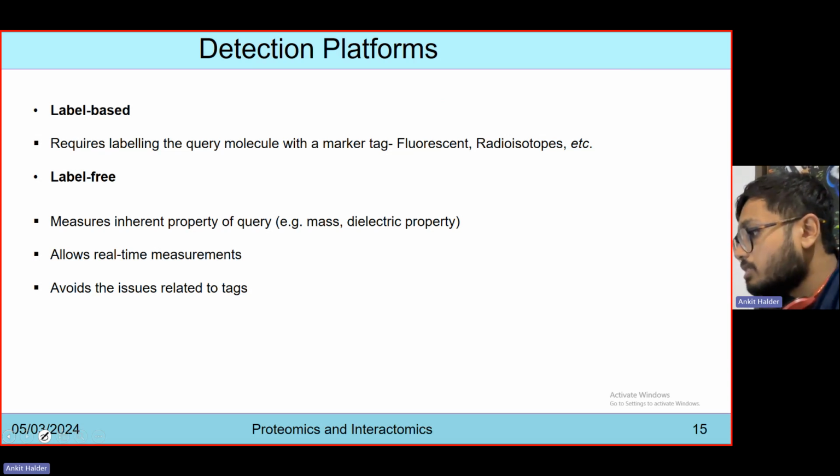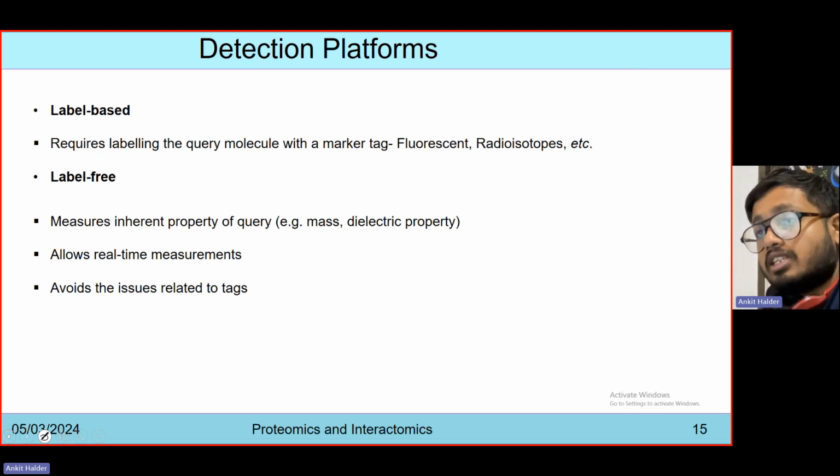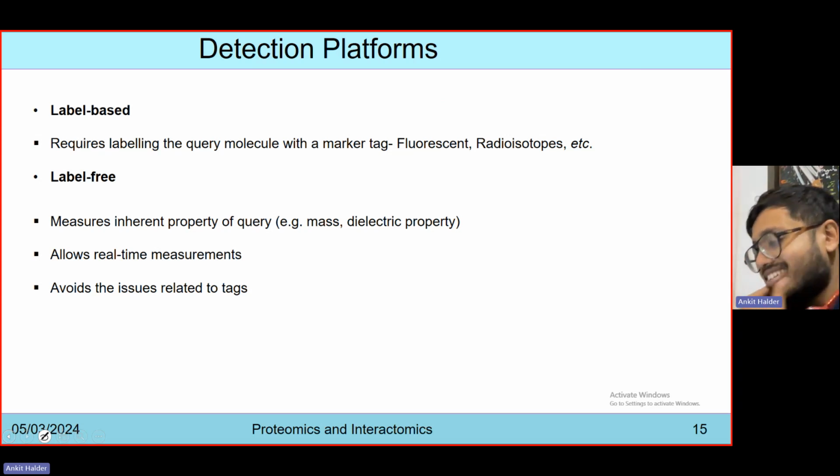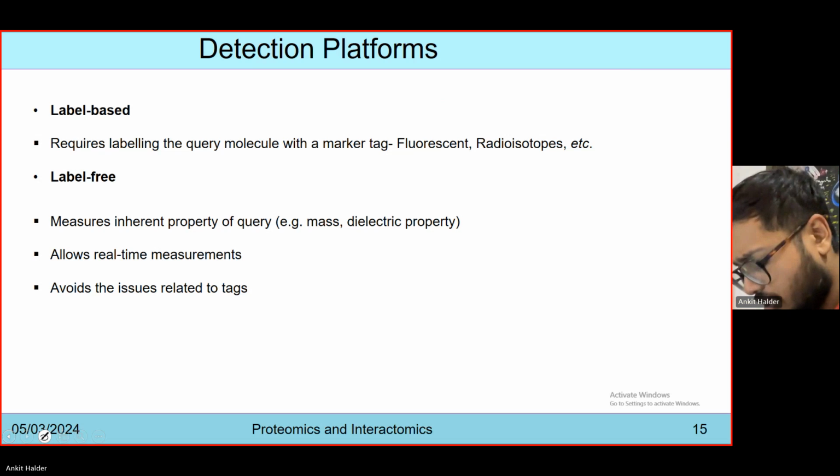Apart from label-based methods, there is another method, which is label-free, which measures the inherent property of the query, which includes its mass, dielectric property, etc. Label-free methods allow real-time measurements and avoid the issues related to the tags or fluorescence.